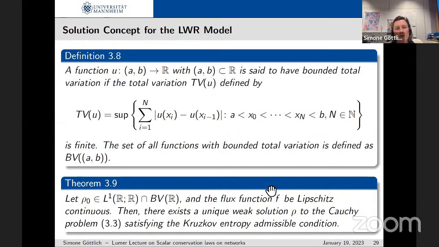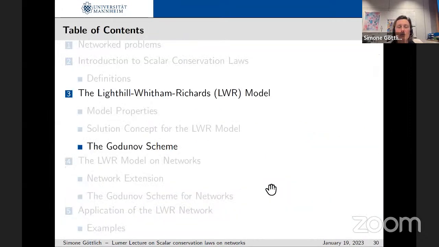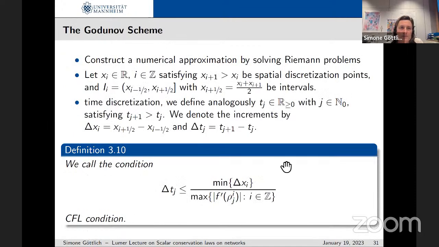So far we know how to deal with solutions on a single line. So what about the numerical scheme we can use for simulation purposes? It is the Godunov scheme, meaning that, again restricting to the single line, we can build up a numerical approximation by solving Riemann problems.